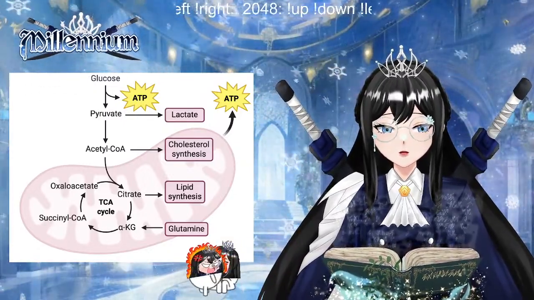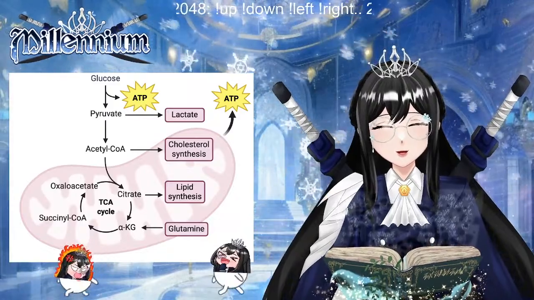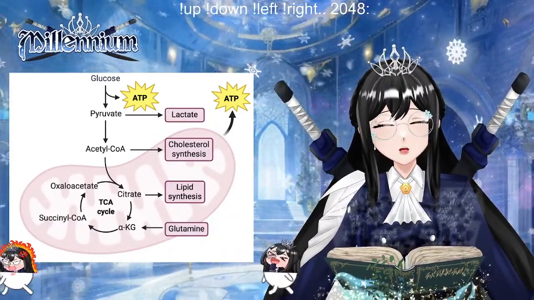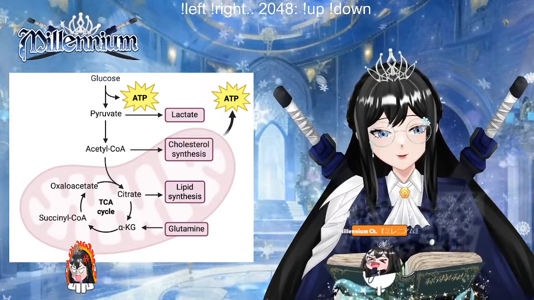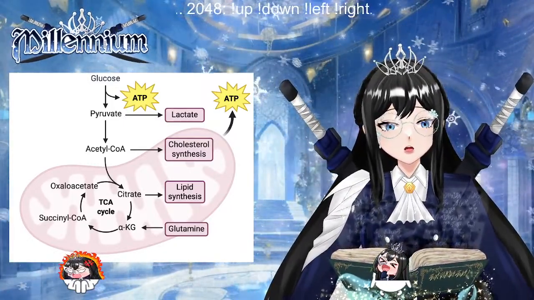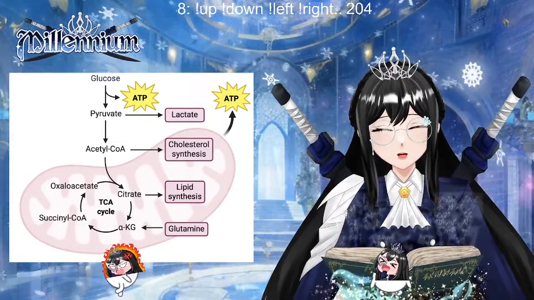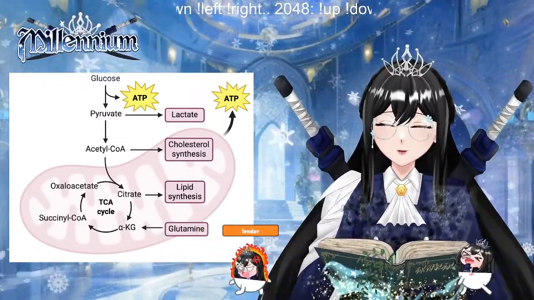Okay. What determines the direction of electron flow in the ETC? It flows from redox pairs with a more negative E. And why does FADH2 yield less ATP than NADH? Because FADH2 enters at complex 2.